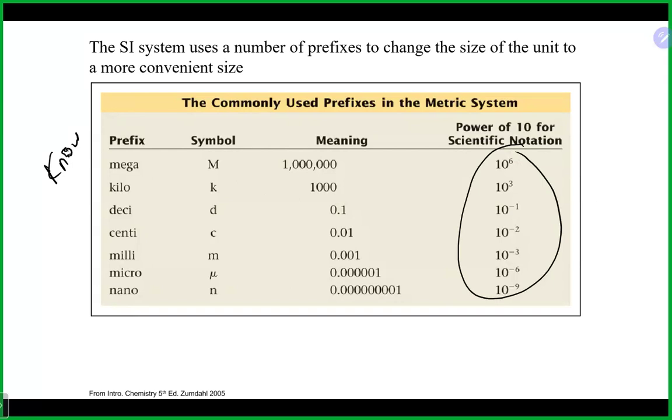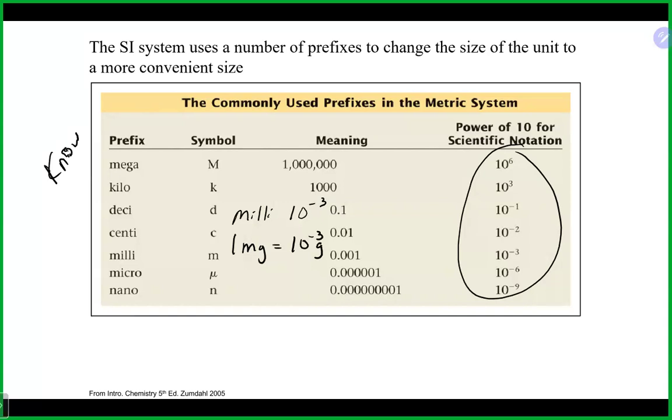So again, if we look at milli, which is 10 to the minus 3, that means, for example, in 1 milligram, there is 10 to the minus 3 grams. So that is the proper way to use that conversion.